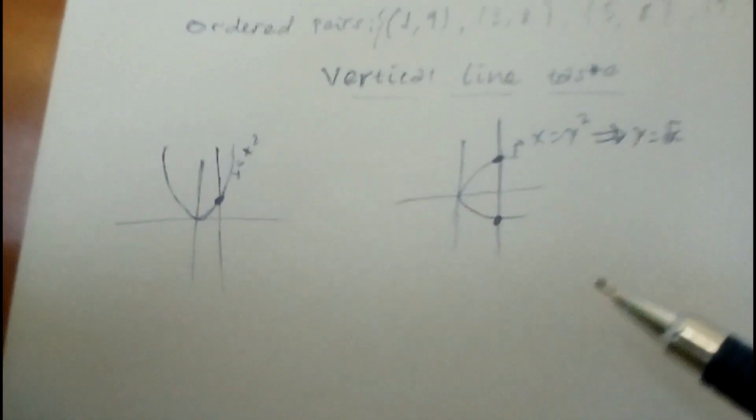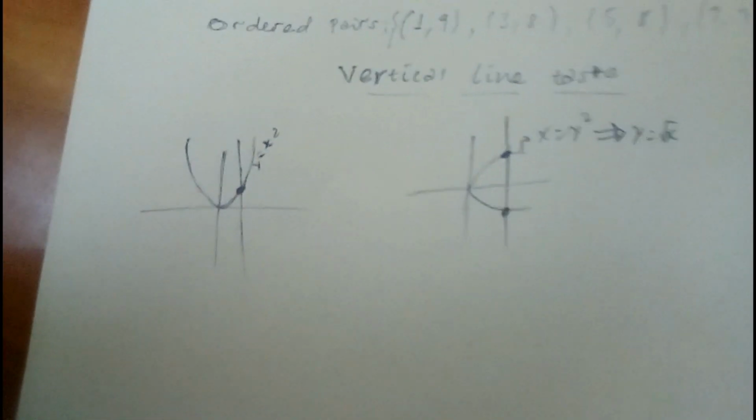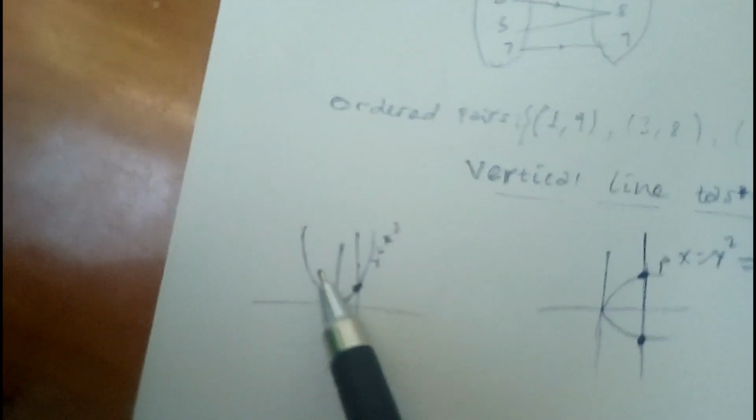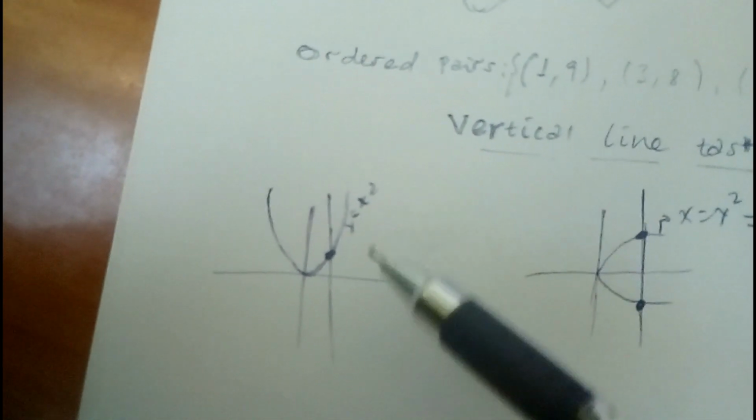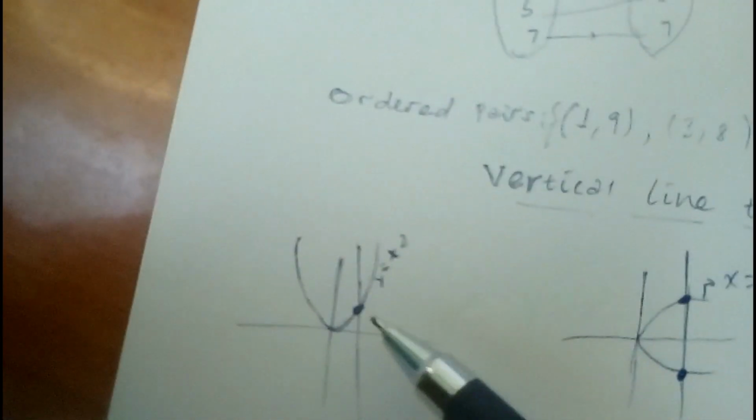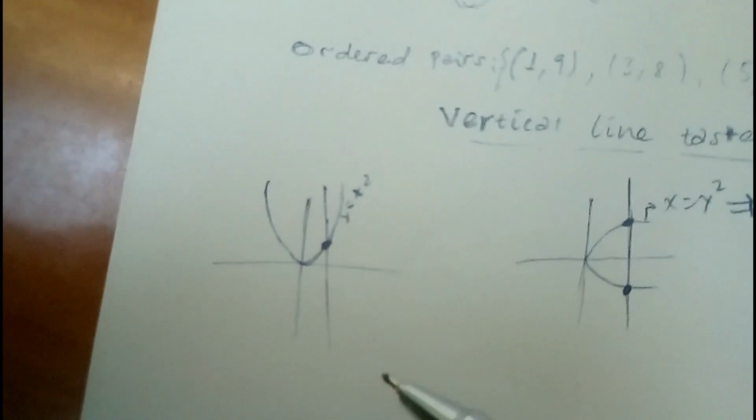We'll see how to draw graphs of functions easily in the coming lectures, but here is the graph of y equals x squared. The vertical line only touches the graph at exactly one point here, so this is a function.